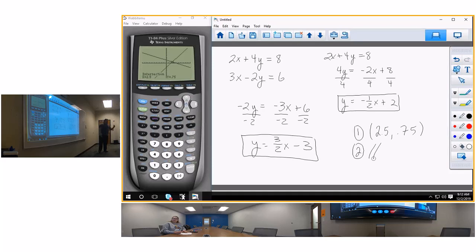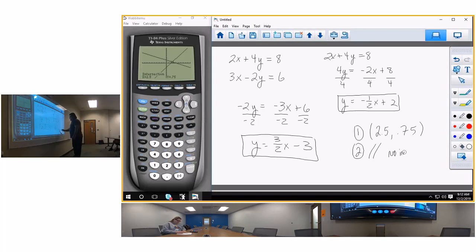No intersection, therefore there's no solution. Because they're parallel, that means no solution. And the O with a line through it means no solution, but you can put no solution if you want to. 3. What if it's the same line?